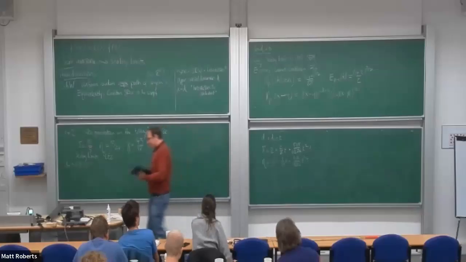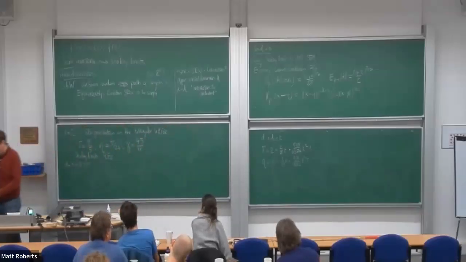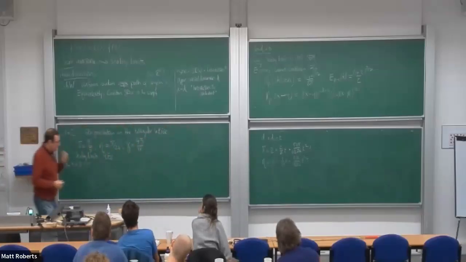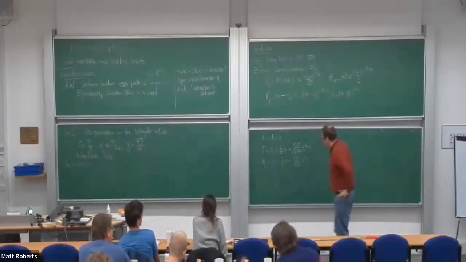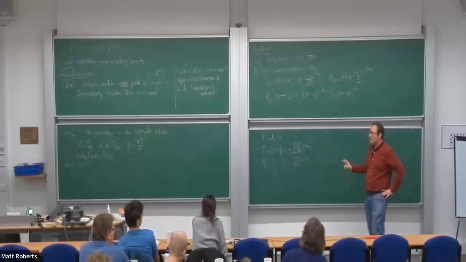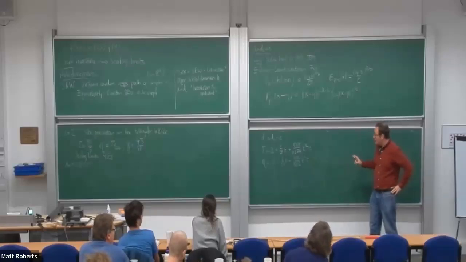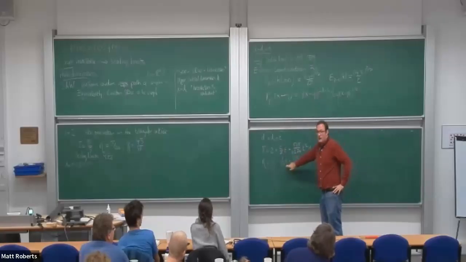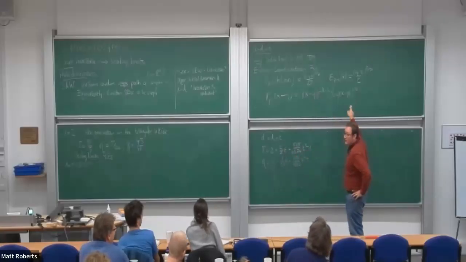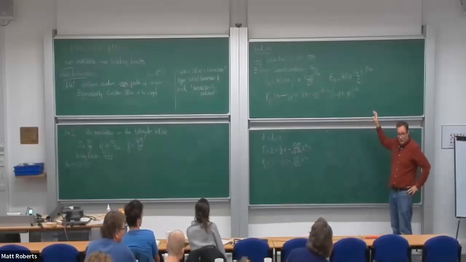A couple of remarks about this. One thing that you might have noticed if you're paying close attention is that we have 2/7 here and here, and 1/21 here and here. That is actually a general phenomenon.